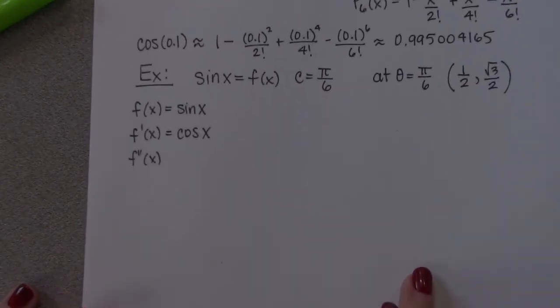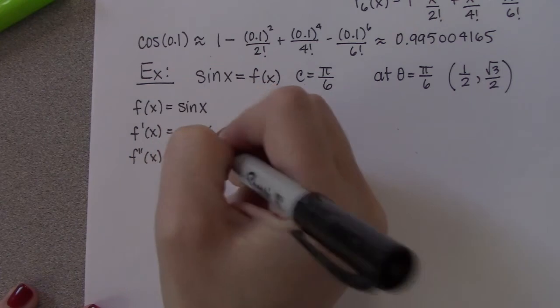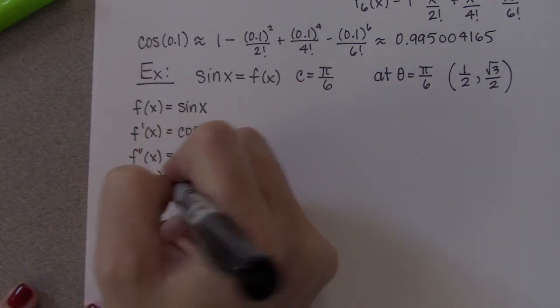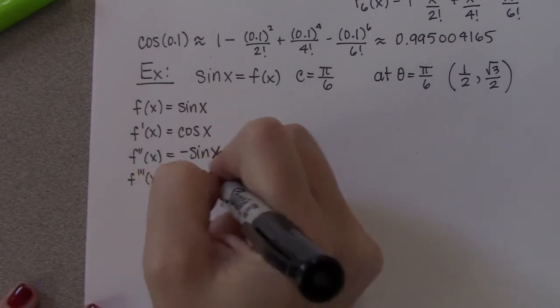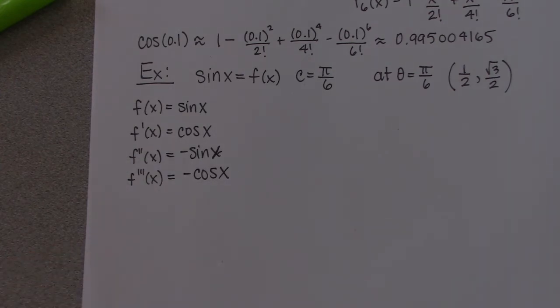So if you're doing multiple problems, you don't have to reinvent the wheel, although you should know these derivatives. So if you take the derivative of negative cosine x, you end up right back at sine. So that same trick works. If you need the whatever derivative of sine, divide the number by 4, whatever the remainder is, grab it off the list, and there's your derivative at that point.